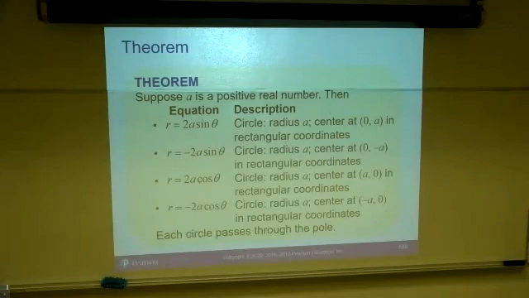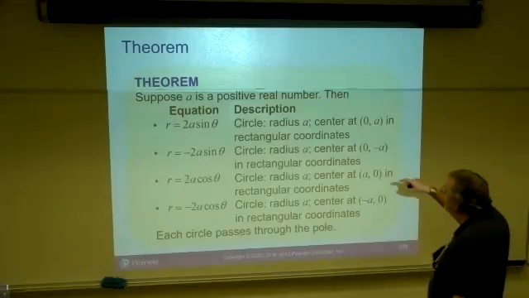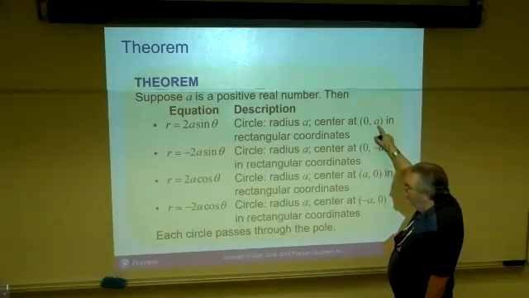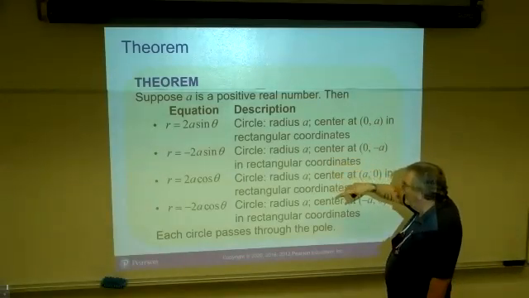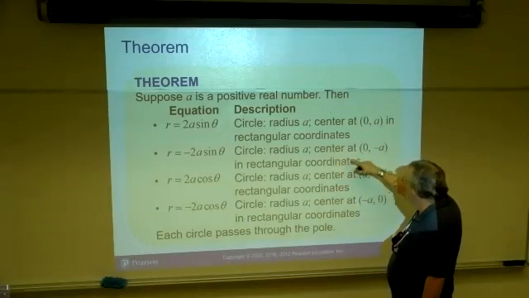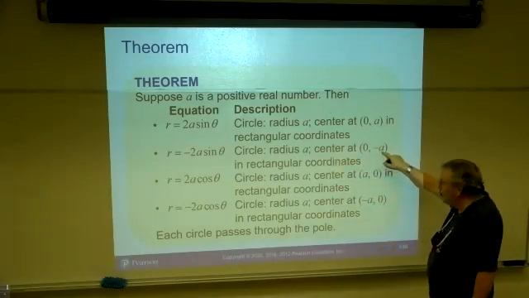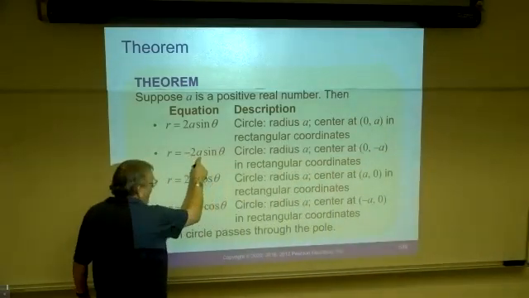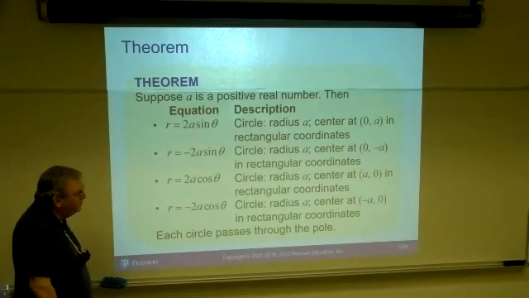r equals 2a sine theta. The radius is a, and it's centered at 0, a. r equals -2a sine theta. The radius is a, and it's centered at 0, negative a. So the negative sign belongs with the a, not the 2.